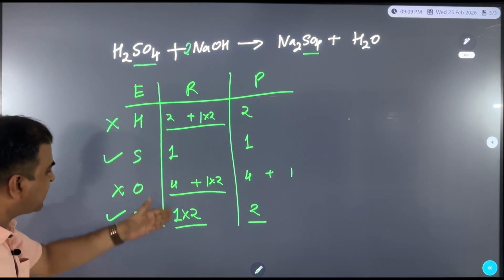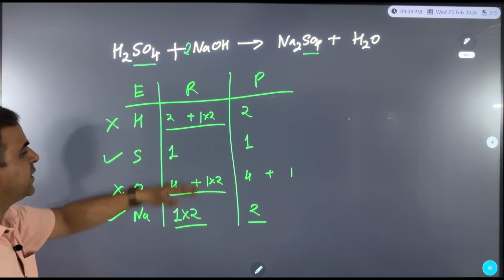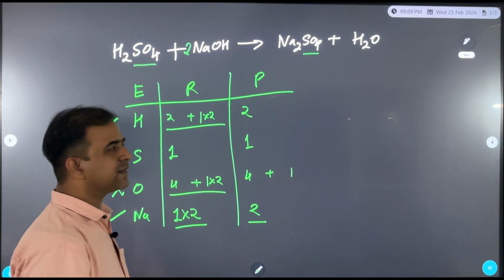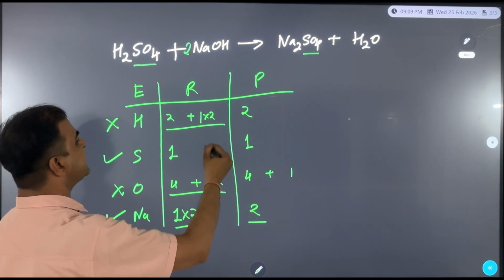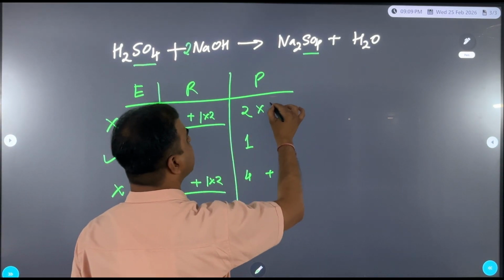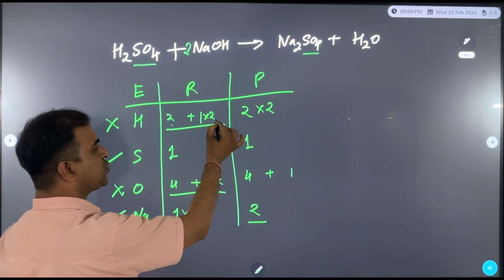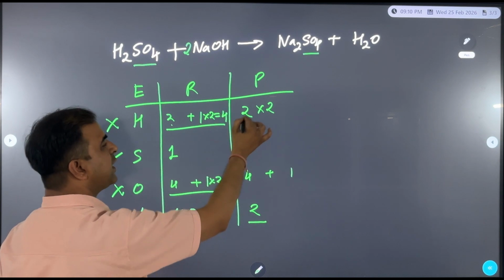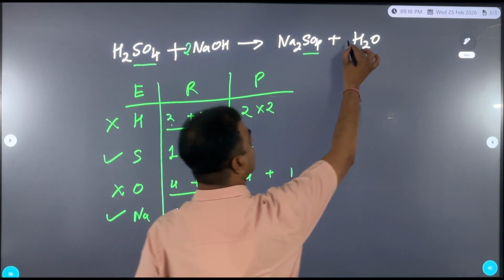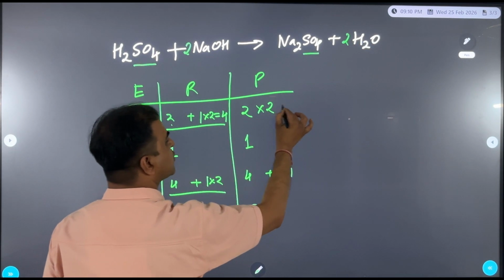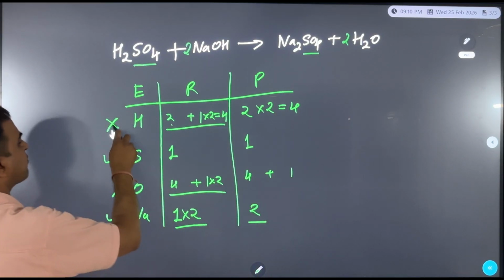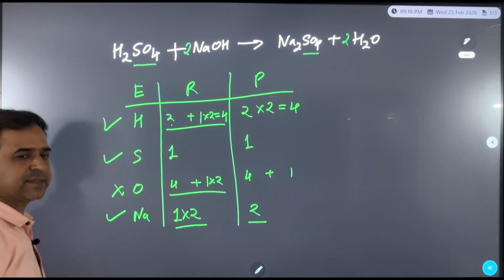On reactant side they are already more in number, so we need to think about product side. What should I do to balance this hydrogen? If I multiply by 2, this will become 2 plus 2, this is becoming 4, and here when I multiply 2, 2 2s are 4. So now my hydrogen is also balanced.